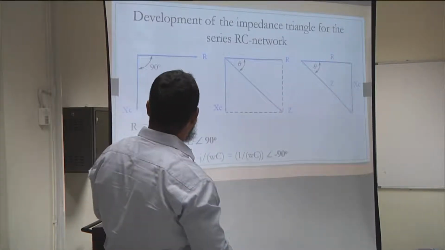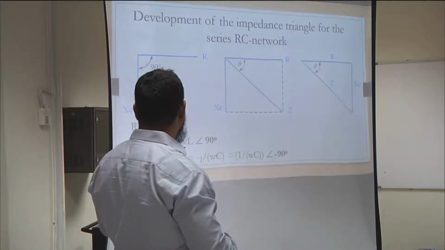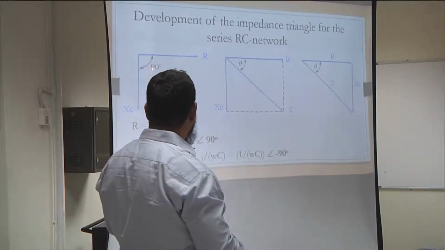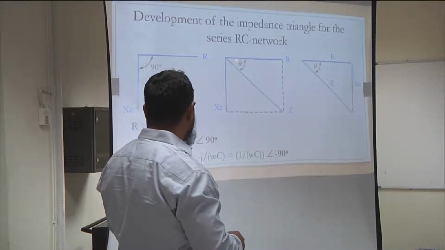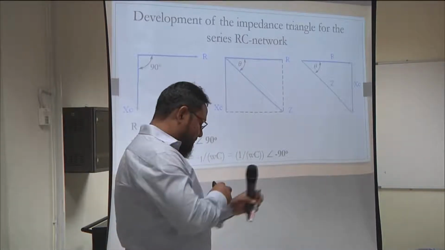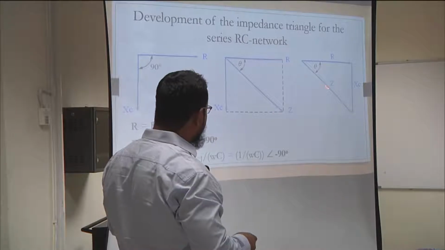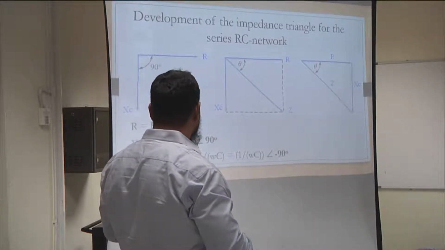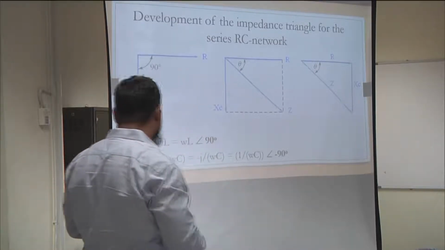All right. So, development of the impedance triangle for the series RC circuit. This is the impedance triangle. So you have R, you have the XC, which is in the negative direction. We covered this already. The resultant Z is going to have an angle of negative theta, and this is the resultant Z, which you get by vector addition.